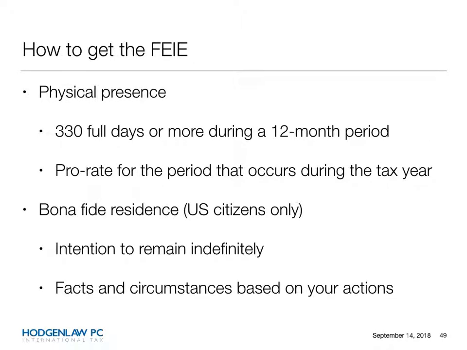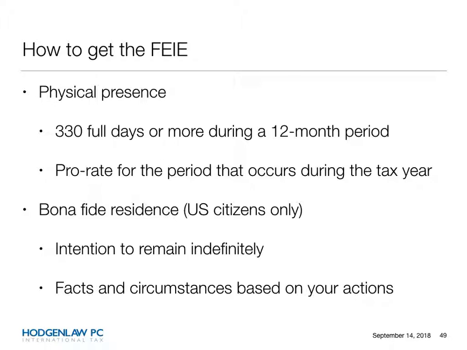So to get the foreign earned income exclusion, you'll have to fulfill either the physical presence test or the bona fide residence test. On a side note, the physical presence test for the exclusion is different from the test for US residency.